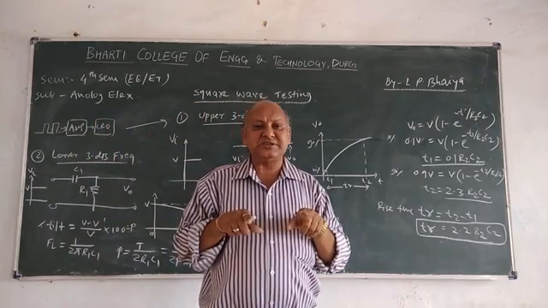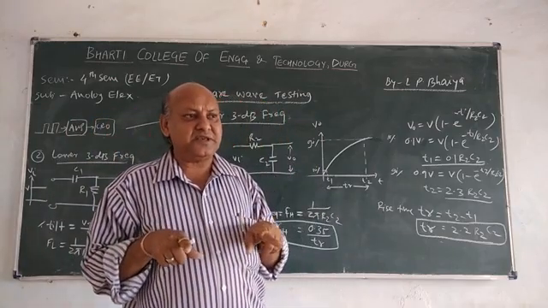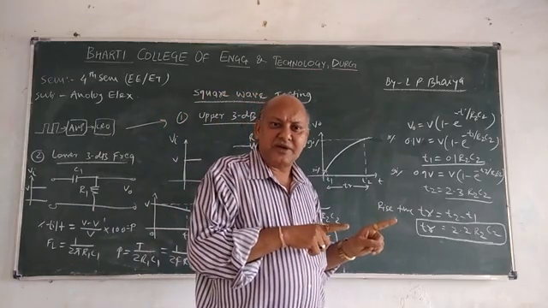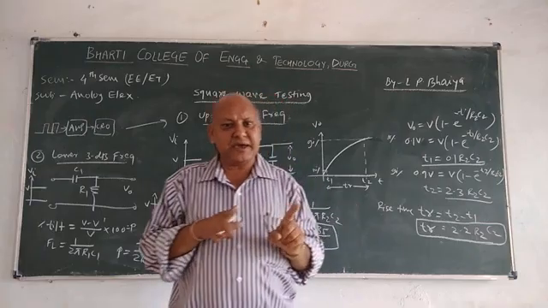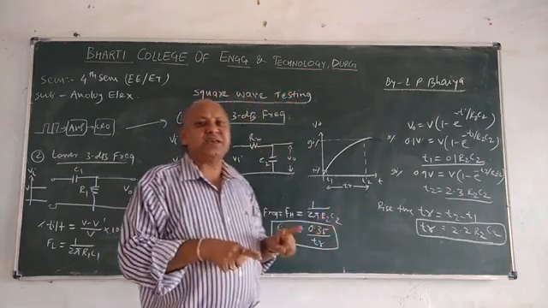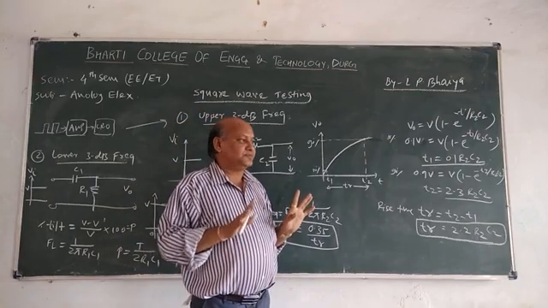Once we see these three factors, upper 3 dB frequency is given by Fh, lower 3 dB frequency is given by Fl, and rise time is given by Tr.